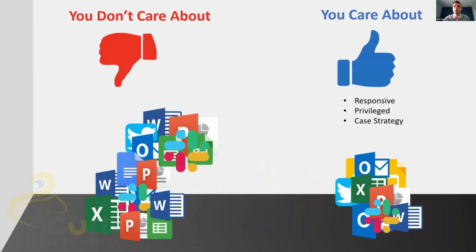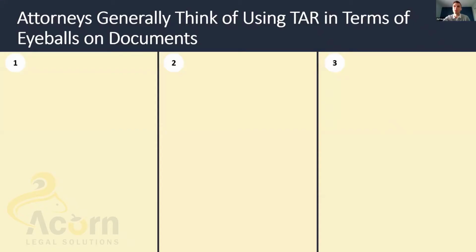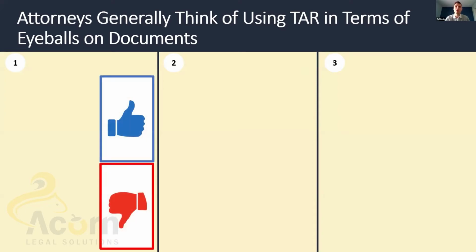What we like to do at Acorn is really look at TAR in three forms. Generally, attorneys look at TAR as let's put eyeballs on every document, which at one point in time was great, and I'm not saying it's not today. However, if you take a look, we go back to the method of things you care about and things you don't.